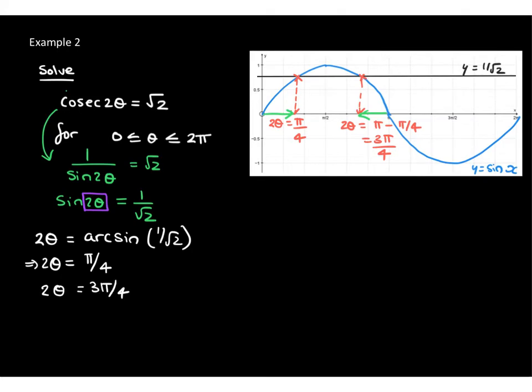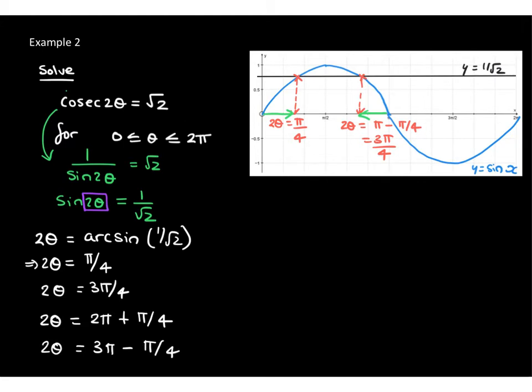I haven't sketched it here, but the whole thing is then going to repeat itself after 2 pi. So I'm then going to get 2 theta is equal to 2 pi plus pi by 4, and then 2 theta is going to equal 3 pi take away pi by 4.